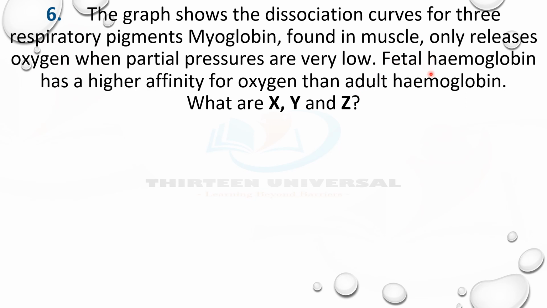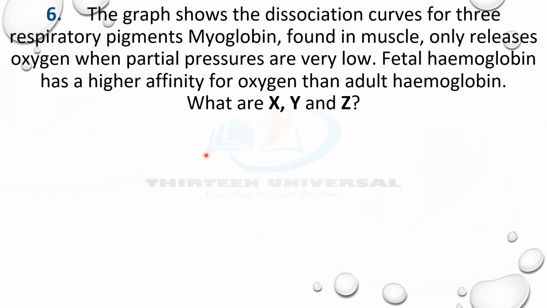Yes, because the maternal hemoglobin, the mother's hemoglobin, releases oxygen at the placenta, which is like a respiratory tissue. At low partial pressure, the maternal hemoglobin is releasing oxygen at the placenta, and at the same point, fetal hemoglobin is picking up oxygen. So fetal hemoglobin has higher affinity than adult hemoglobin.